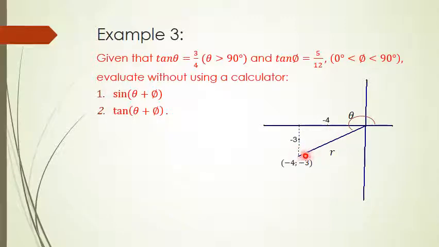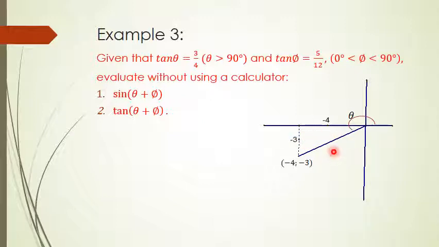In the third quadrant, both x and y are negative. Tan theta is y over x, so this is the x coordinate, that's the y coordinate. But the fact that this is positive does not mean that the x and y coordinates are positive. They are both negative, and a negative divided by a negative gives us a positive. So here the answer has been simplified, but the coordinates are actually these ones: the x coordinate being -4 and the y coordinate being -3, and -3 over -4 gives a positive 3 over 4. That's the position of theta.